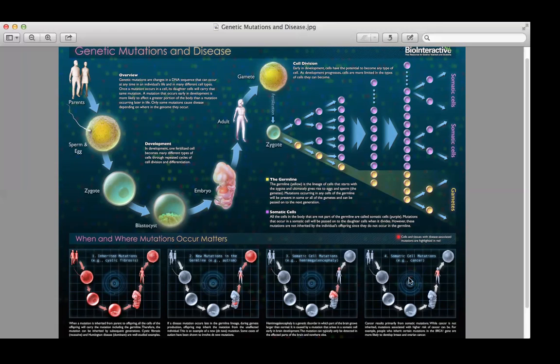We're looking at somatic mutations that occur in a particular cell, in a particular target tissue and organ, that is influenced by the environment.